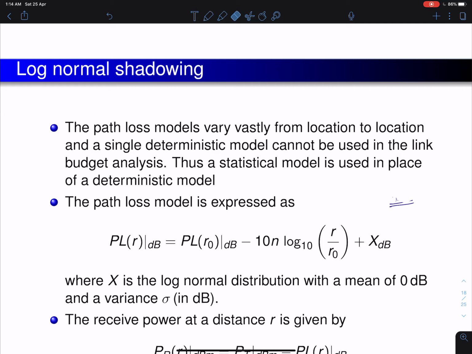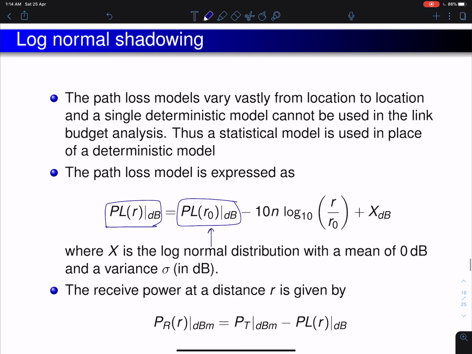Okay, so now this is the expression. If I know the path loss at a distance r naught, then all I need to do is find the path loss at a distance r. Again here there is a plus here, I think. I'll just clarify this.